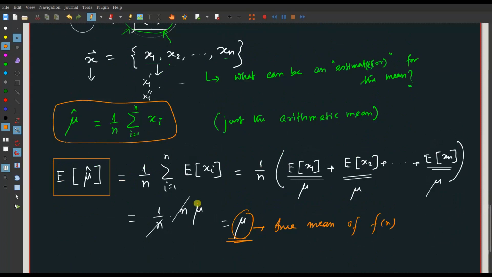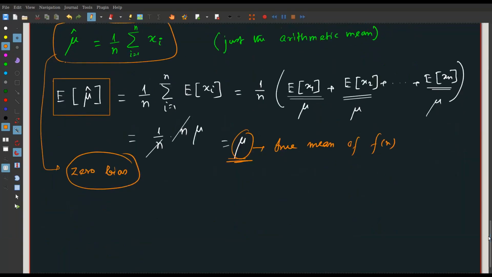So that means such an estimator has zero bias. Okay, so this estimator for the mean has absolutely zero bias.